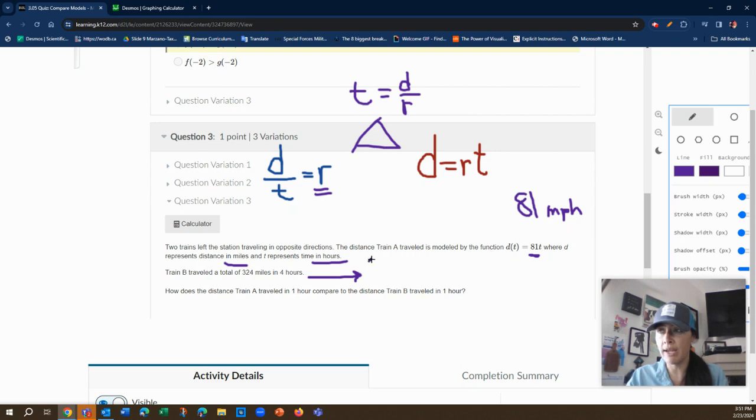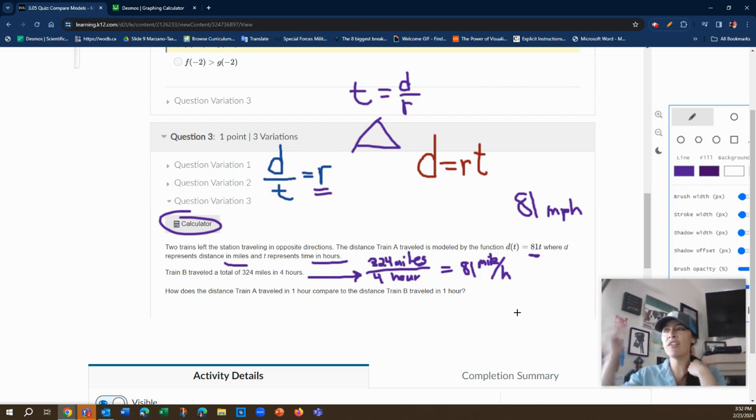Well, you need the unit rate or you need to divide. And look, watch this. 324 miles divided by 4 hours. And look at that. You have the perfect relationship that becomes 32 divided by 4 is 8. 4 divided by 4 is 1. Feel free to use a calculator. Boom, it's right there. 81 miles per hour.